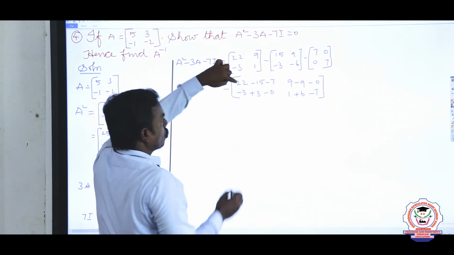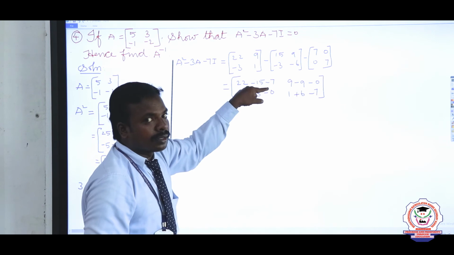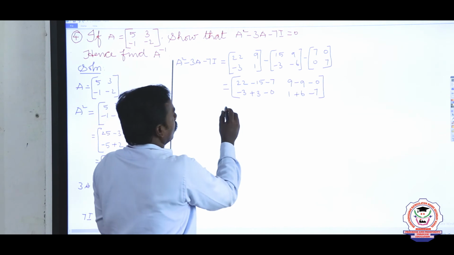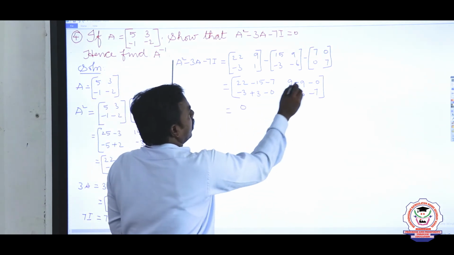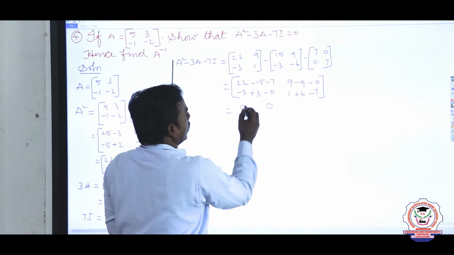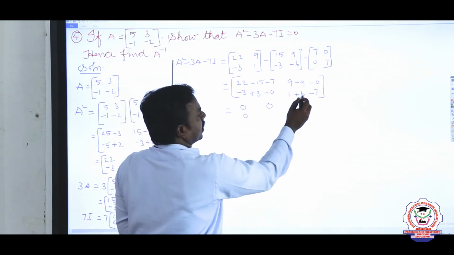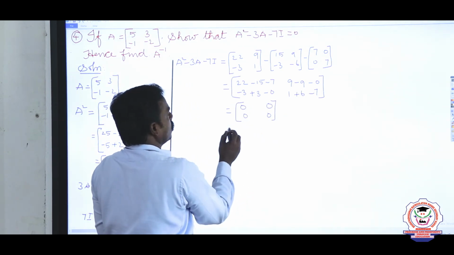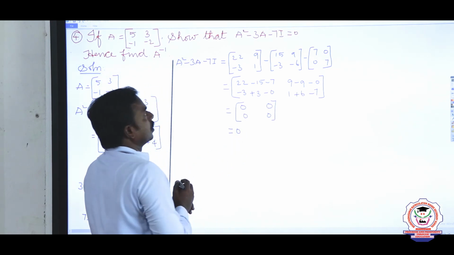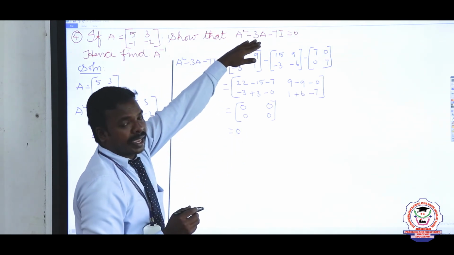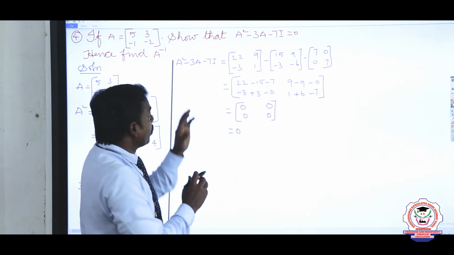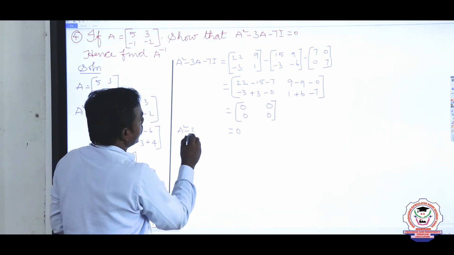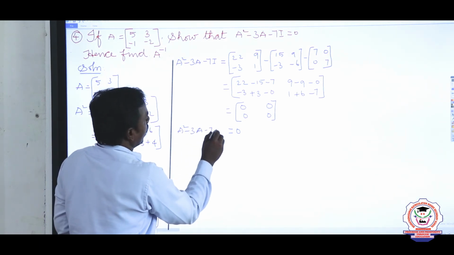So 22 minus 15 minus 7 is 22 minus 22, which is 0. 9 minus 9 is 0, plus 3 minus 3 is 0, and 1 plus 6 is 7, 7 minus 7 is 0. This is the zero matrix, denoted by 0. So we have proved that A squared minus 3A minus 7I equals 0.